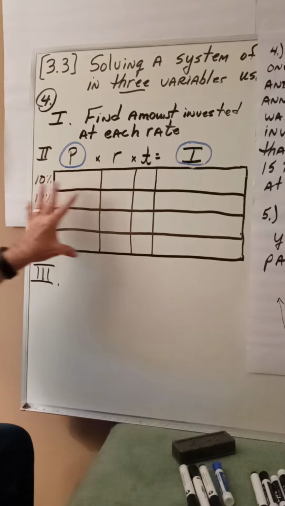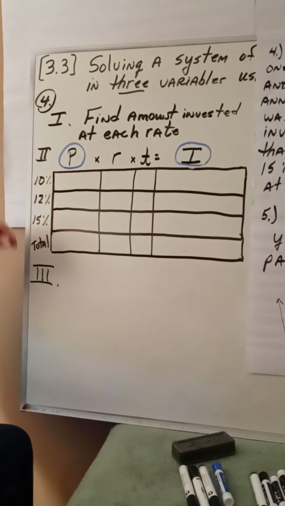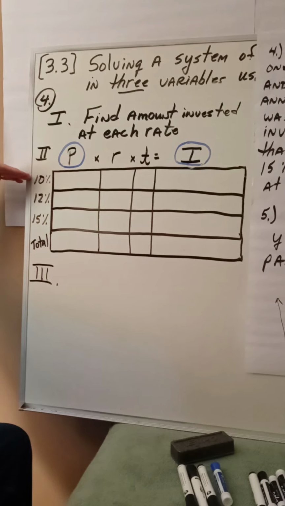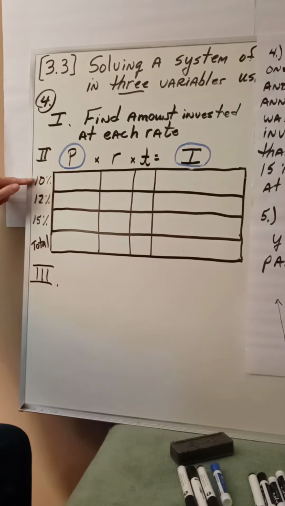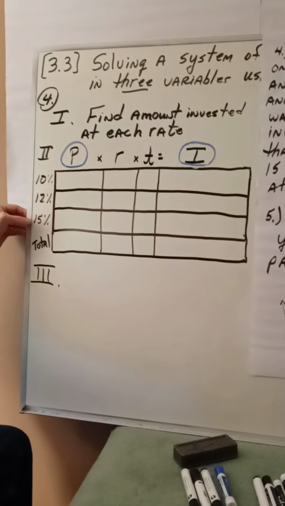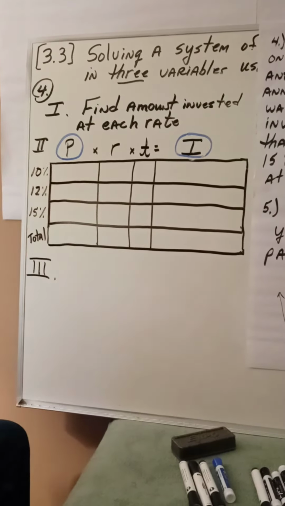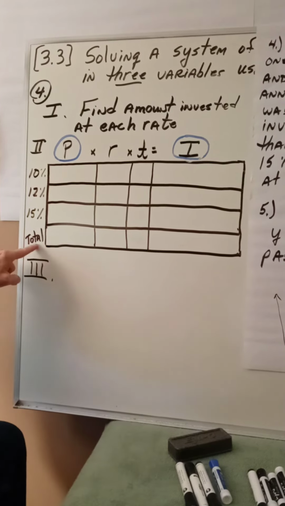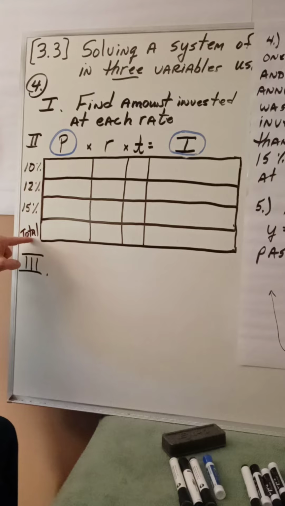This one will have 4 rows going across. Row number 1, one of the interest rates. I put 10%. Row 2, 12%. Row 3, 15%. They can be in any arrangement that you want. And the last row going across is the total row.